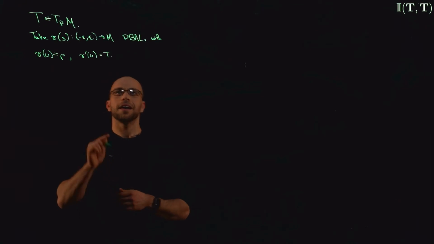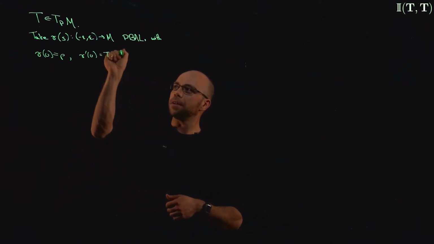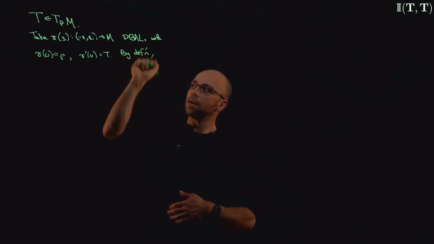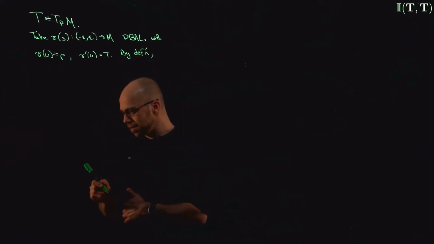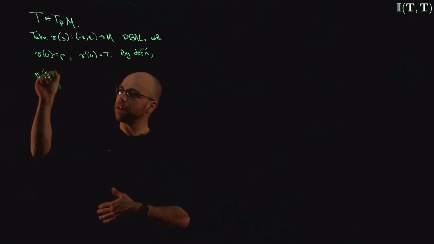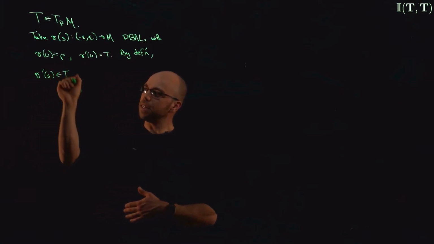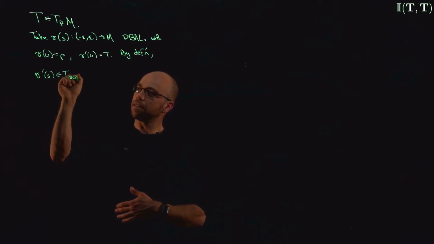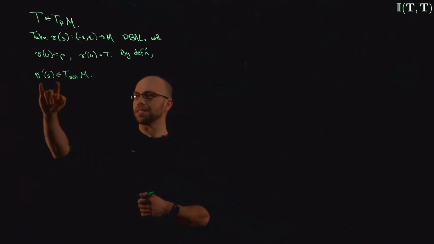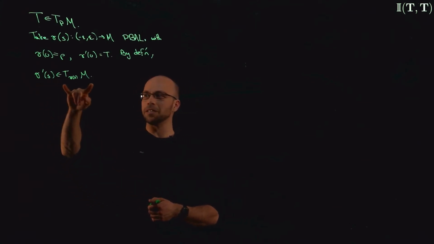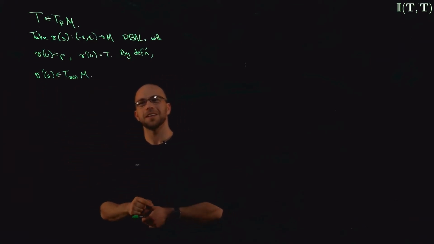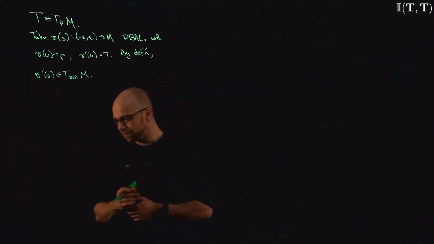So again, just by definition here, what do we know? Well, we do know that the tangent vector to our curve, gamma prime of s, is in the tangent space T at gamma of s of M, right? That's just by definition, because this object here is a velocity vector, and remember we defined the tangent plane to a surface to be the collection of velocity vectors of curves through a given point.